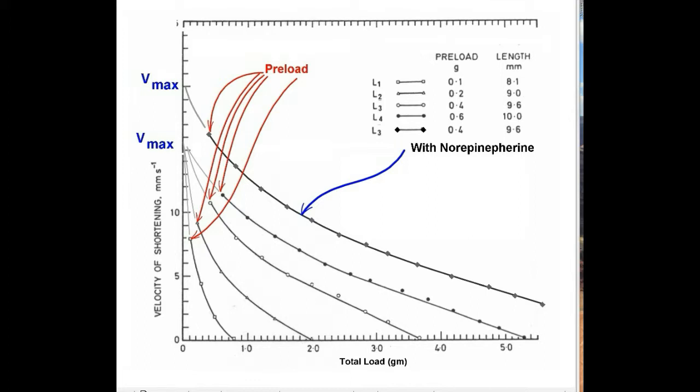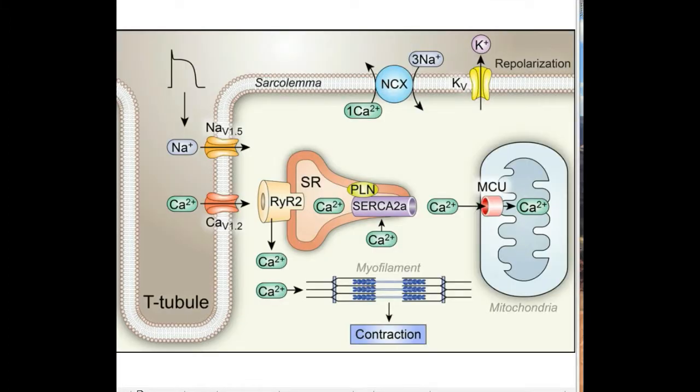The mechanism for this change in contractility is all calcium related. Those agonists that increase contractility increase the amount of calcium that is entering the cell, which increases the amount of calcium being released by the sarcoplasmic reticulum.